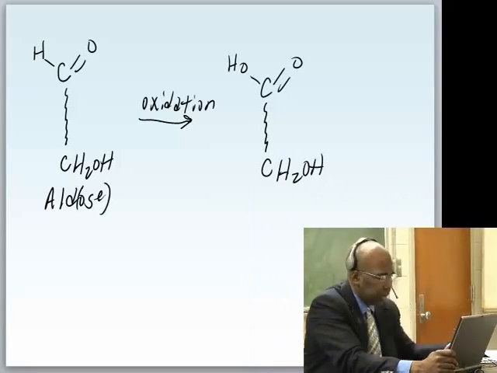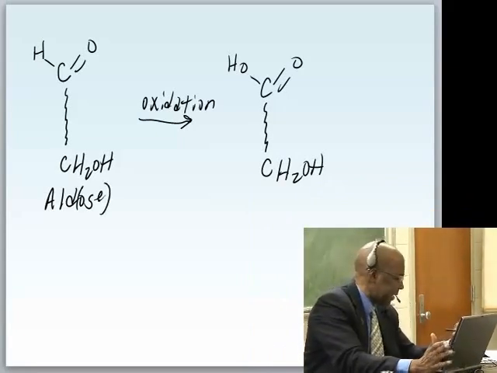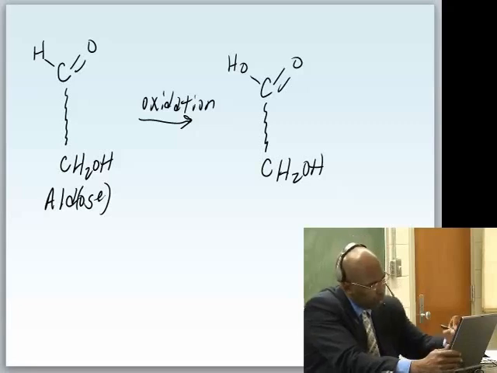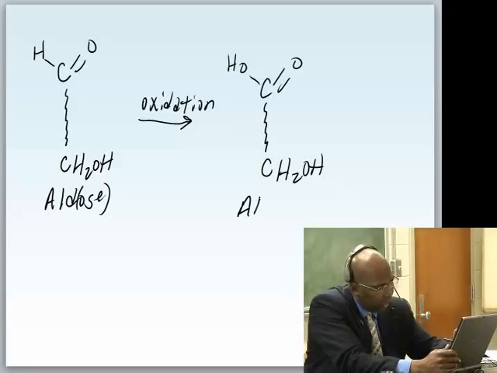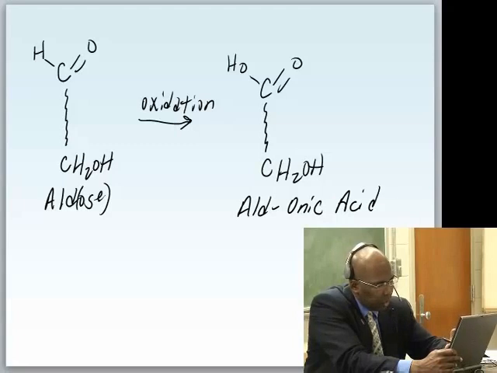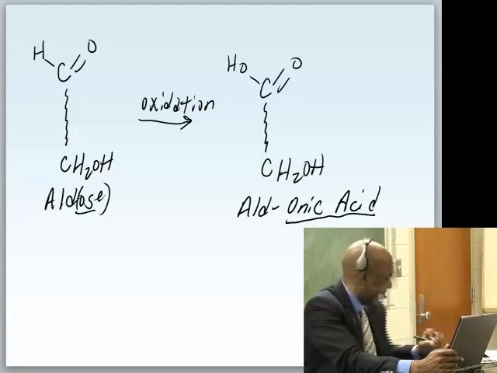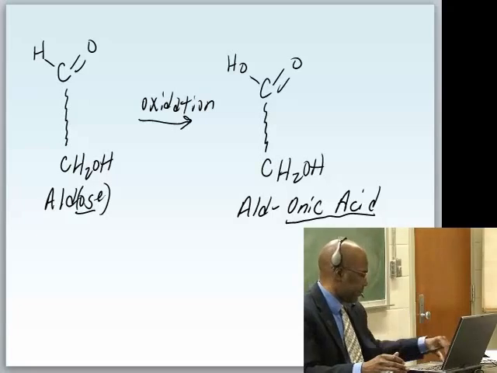So here we have an aldose, but when we oxidize it, we change it from an aldose to an aldonic acid. So we change ose to onic acid.